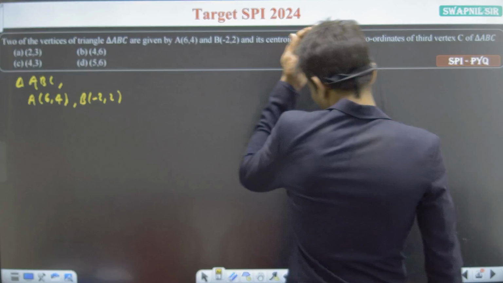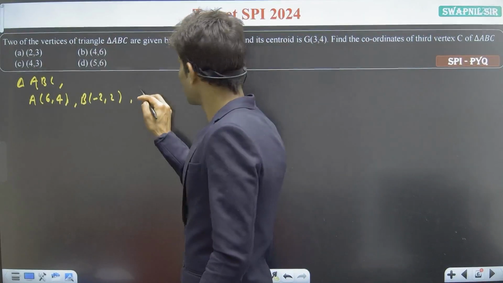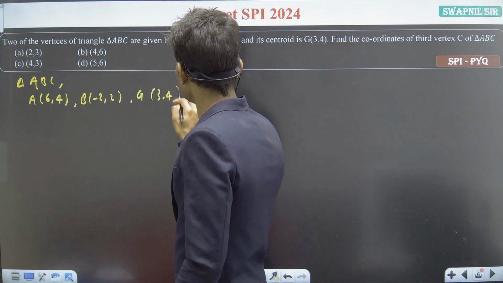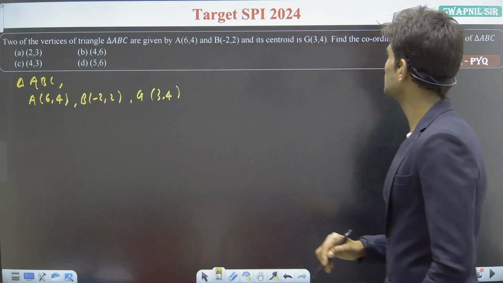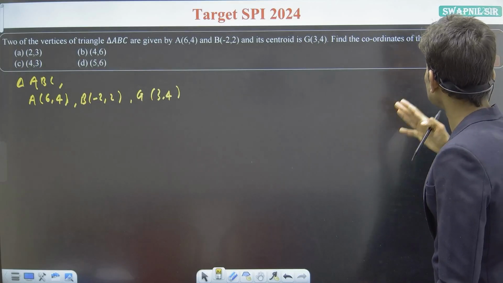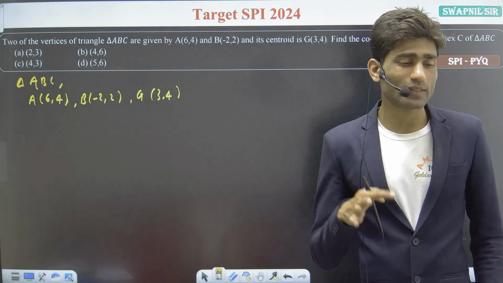Okay, so we have two of these vertices and a centroid also given, G(3, 4). And we have to find the coordinates of the third vertex.